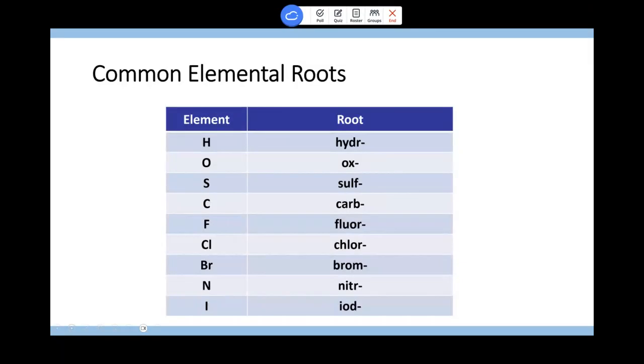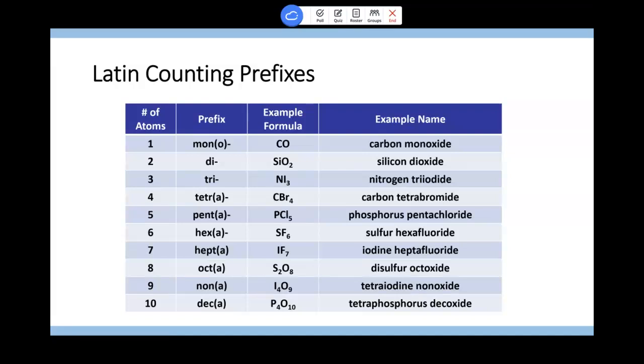So if these elements are the second element in a binary covalent compound, these are the roots that you use before ide. So iodide, nitride, bromide, chloride, etc. So that's for the second element. And then if we have more than one of the first element or one or more of the second one, we use these prefixes.